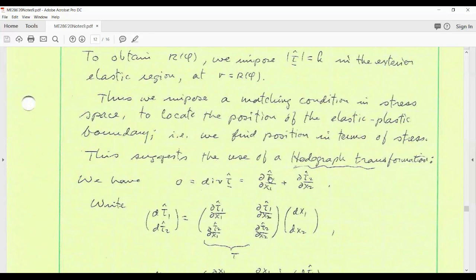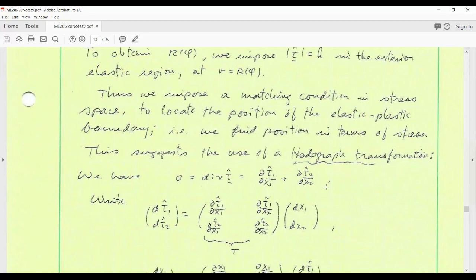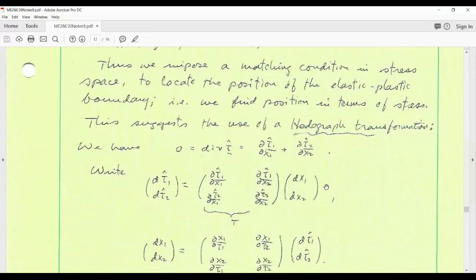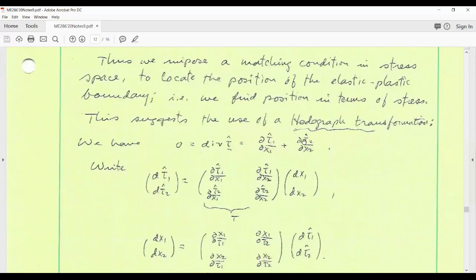So here's one equation that we have to work with. The equilibrium condition has to apply everywhere. And the 1 and 2 refer to Cartesian components. If we want to interchange the roles of the dependent and independent variables, let's use the chain rule to write the differentials of the tau hat components in terms of the differentials of the coordinates, the x1 and x2, just the chain rule as usual.